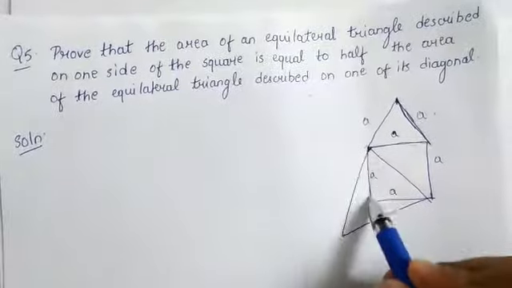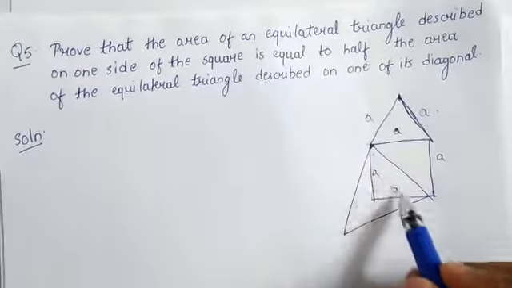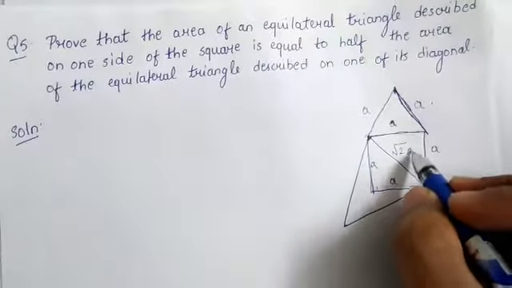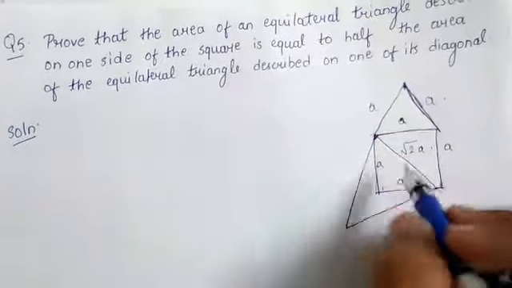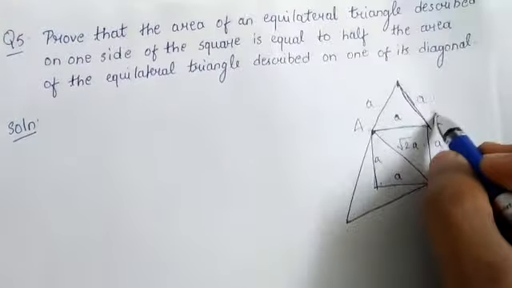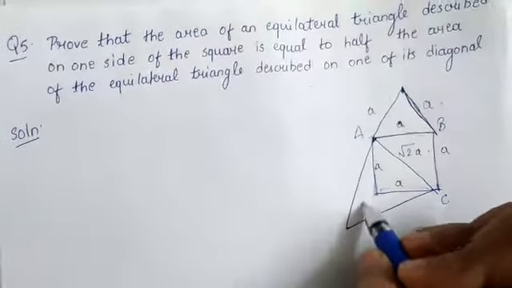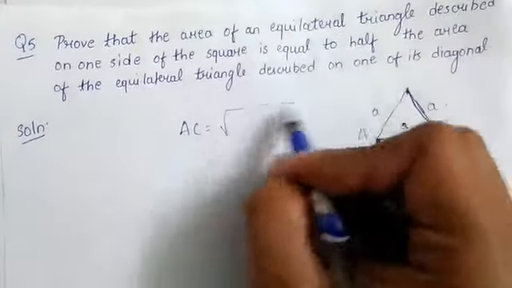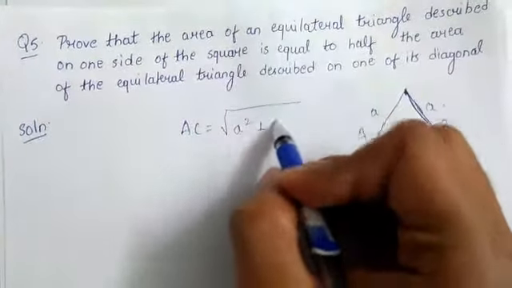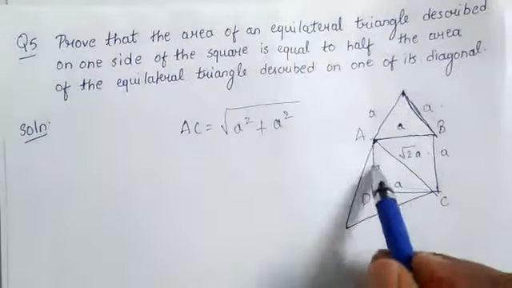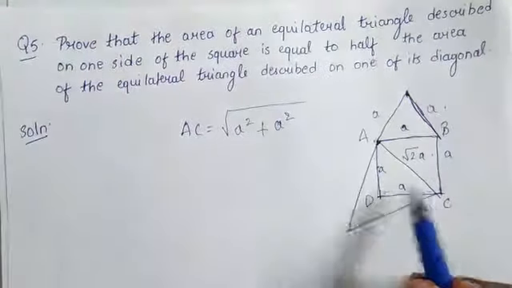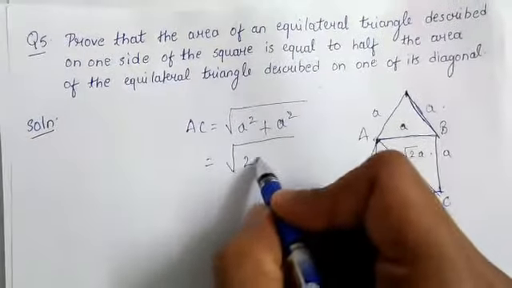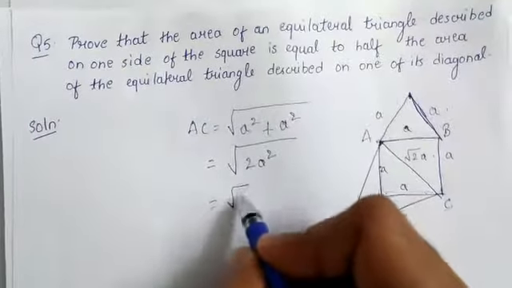Take this triangle, with vertices A, B, C, D. By Pythagoras, AC will be equal to root of A square plus A square, because this is A, this is also A, and this we need to find. Simply the Pythagoras theorem, nothing else. 2A square, so it is simply root 2A.